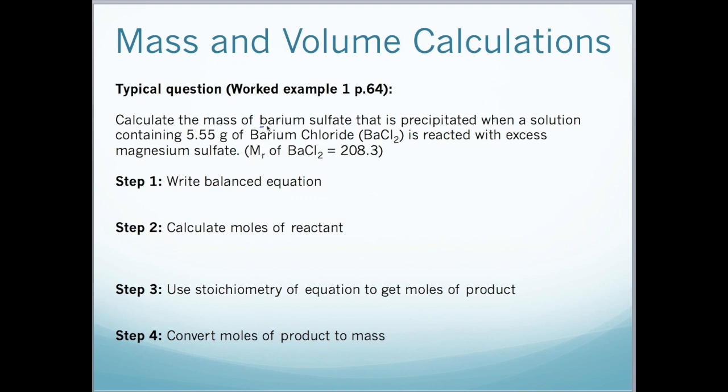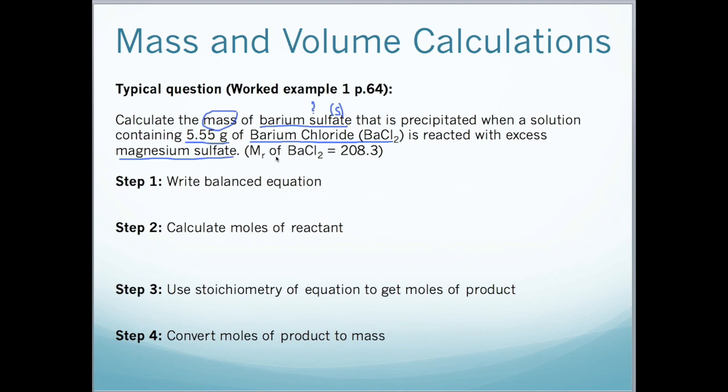We're looking at barium sulfate, and we're looking at the mass that is precipitated, so we know that this will be solid. When a solution containing 5.5 grams of barium chloride is reacted with excess magnesium sulfate.